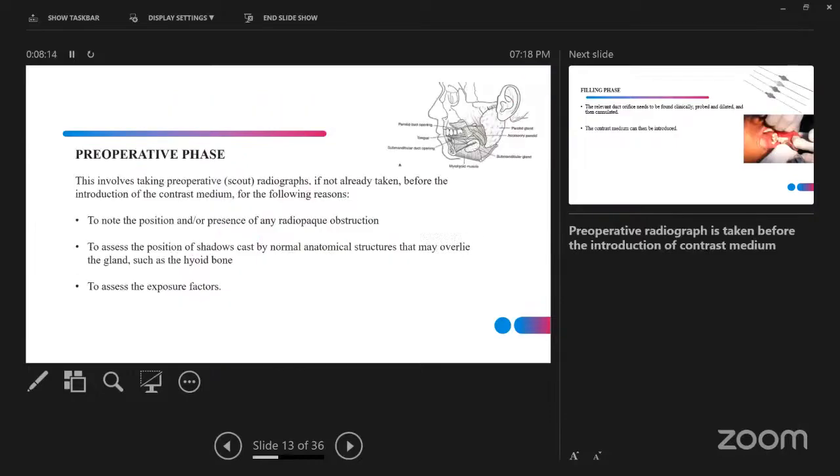So in the preoperative phase, a scout or preoperative radiograph is taken before the introduction of the contrast medium. That is mainly to note the position or presence of any radiopaque calculus, then to assess the normal anatomic landmarks, and also to assess the exposure factors.